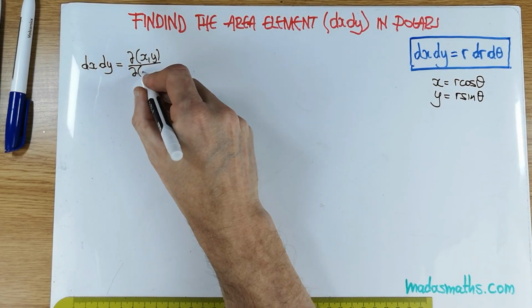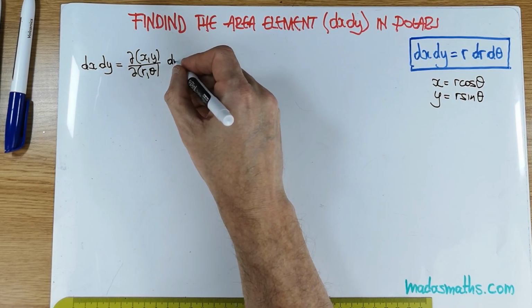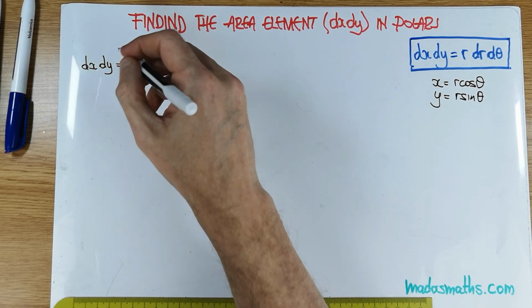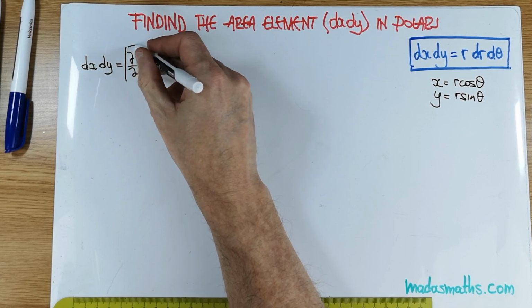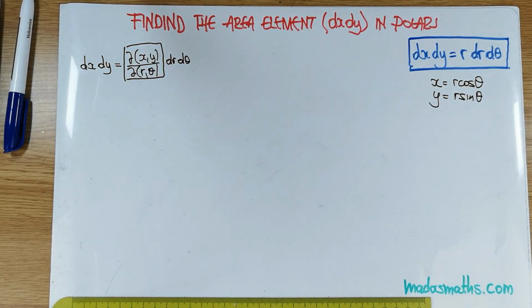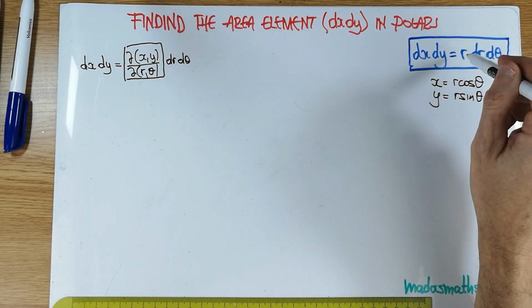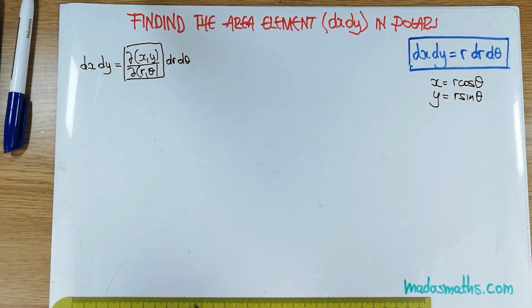So of course the variables in question now are r and theta. So this is now what we're trying to find. We're trying to find what is this scaling factor that this Jacobian will produce. And of course, this will turn out to be r.